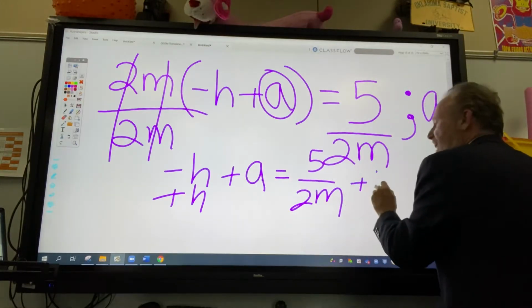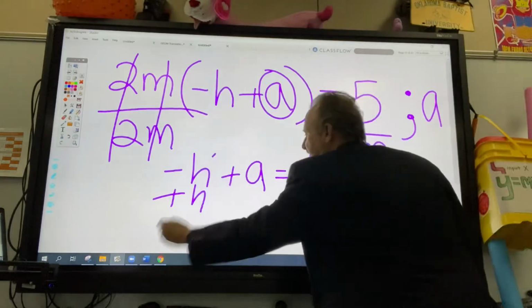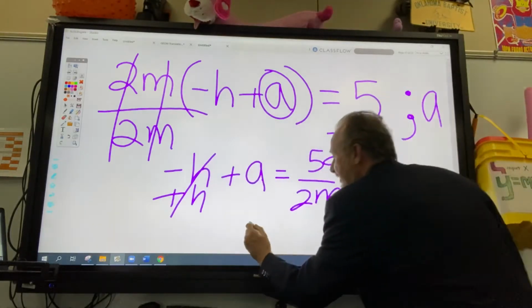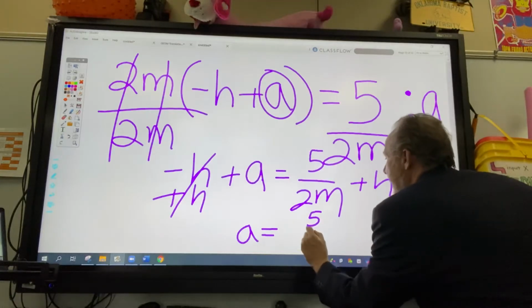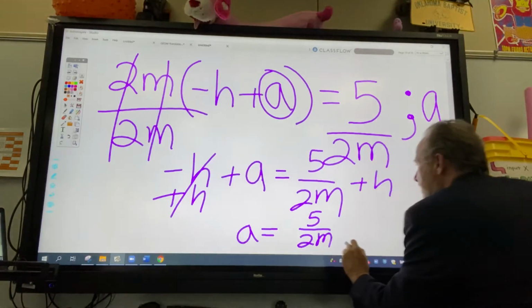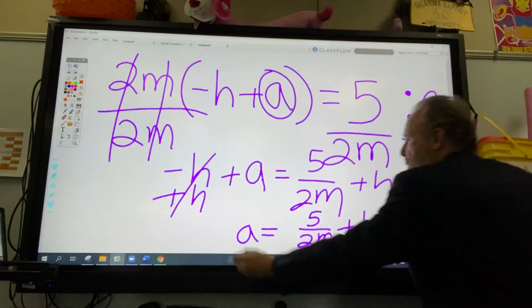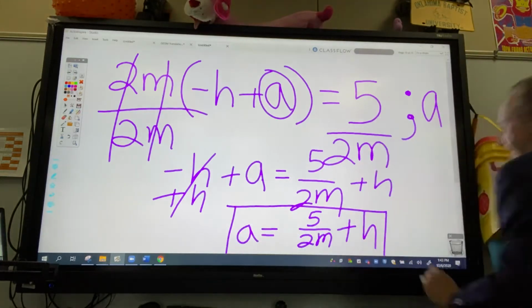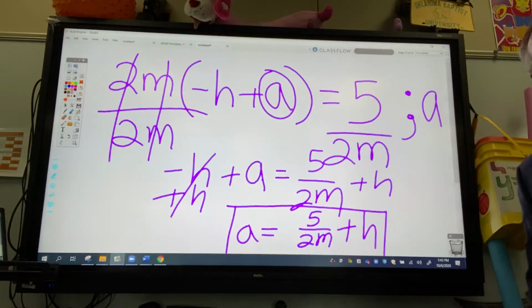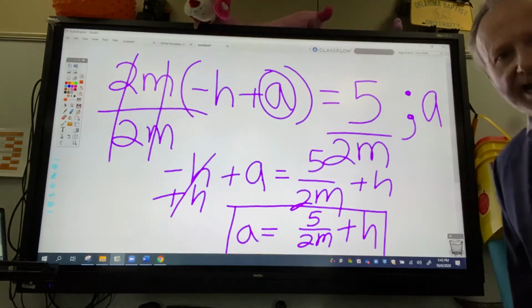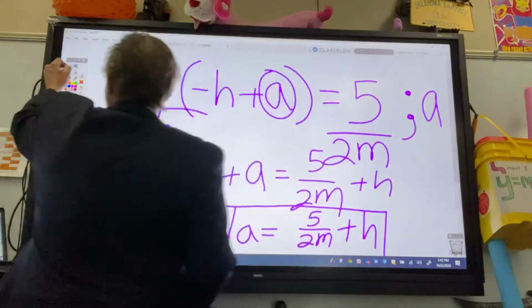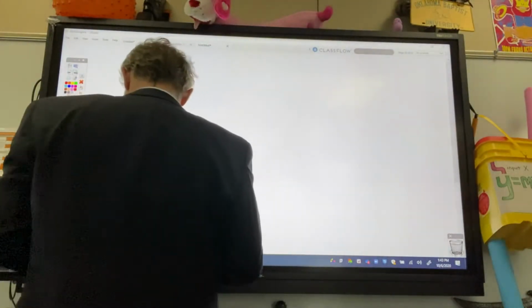He's just going to come over here. So when that cancels out, that gives me a equals 5 over 2m plus h. Boom, bada bing. Can't go any further. All right, everybody got this so far? Can you see it, I hope? Now, let's do another one.